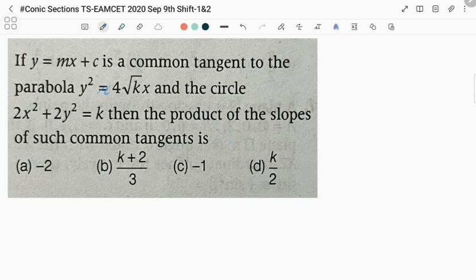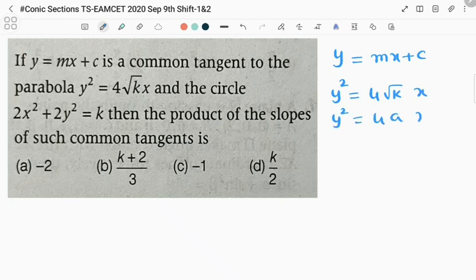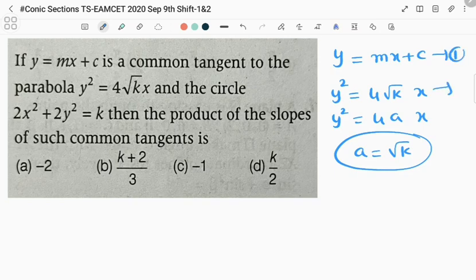So first what we have to write is the given line y is equal to mx plus c. The given equation of parabola y square is equal to 4 root k x. Compare with y square is equal to 4ax. A is equal to root k. Clearly we understand that now. Line touching the curve.